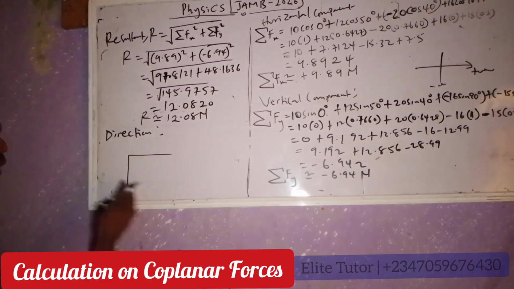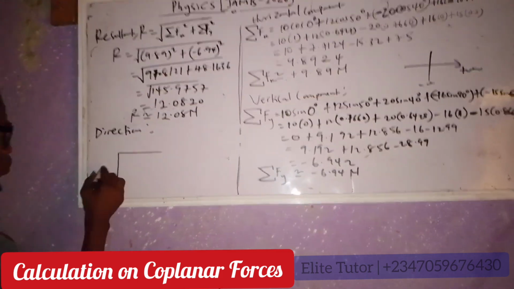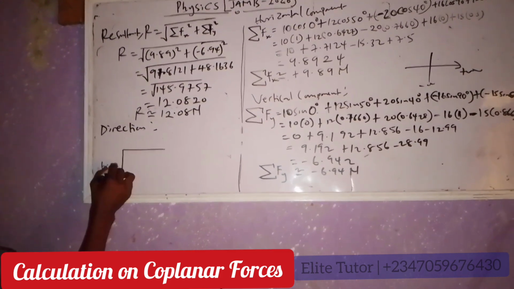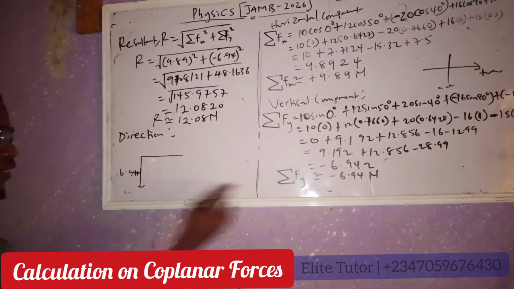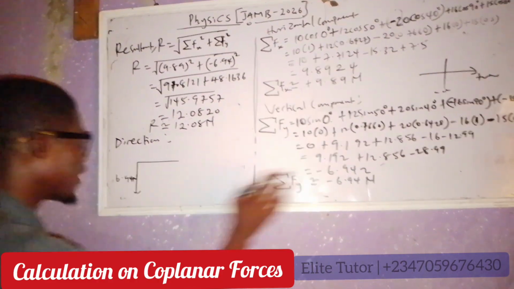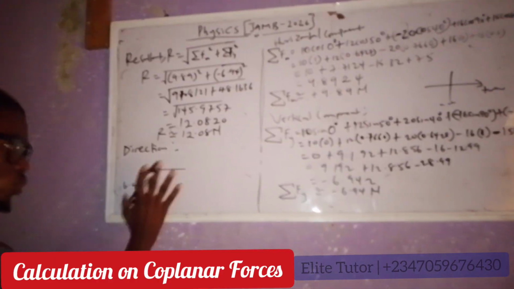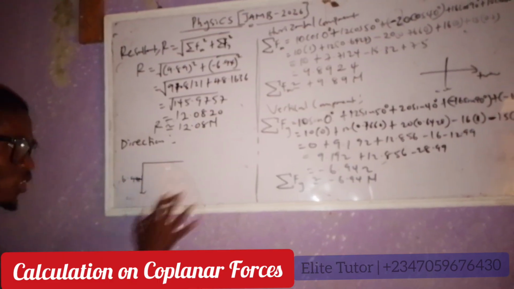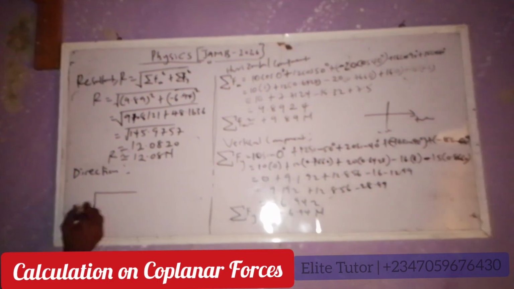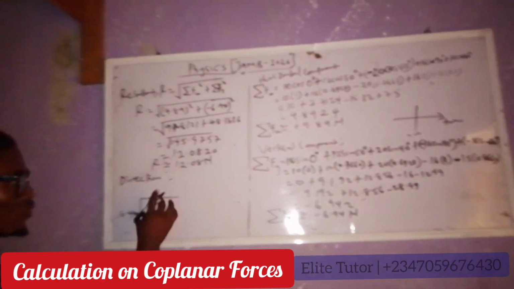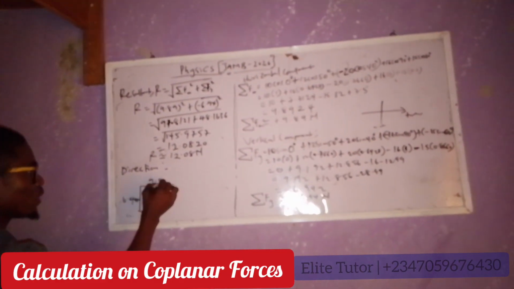Since this side is negative for y, we are having 6.94 Newton. It's not necessary to put the negative sign here because the picture we are having already shows it. It is obvious. So for this side, we are having 9.89 Newton.